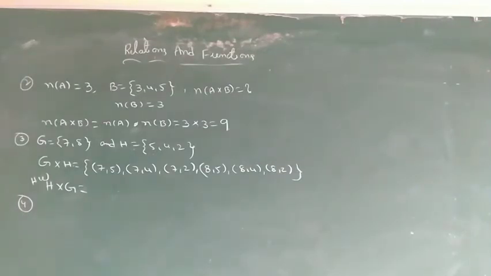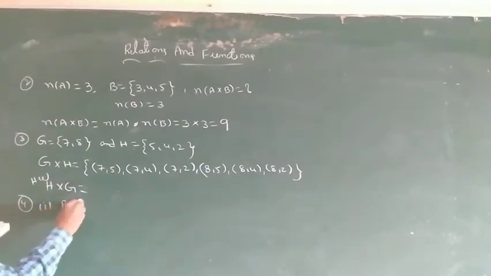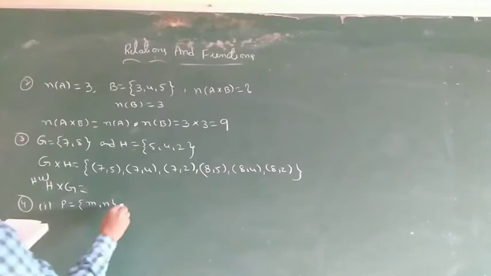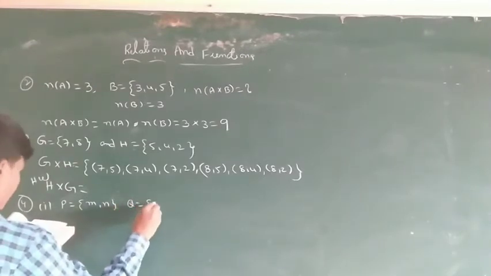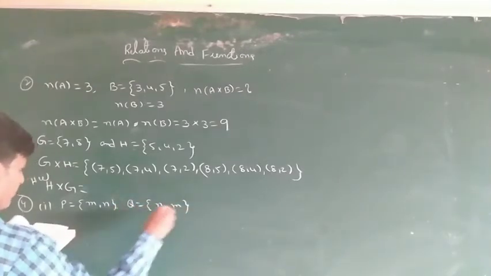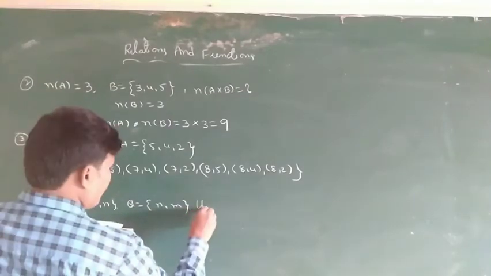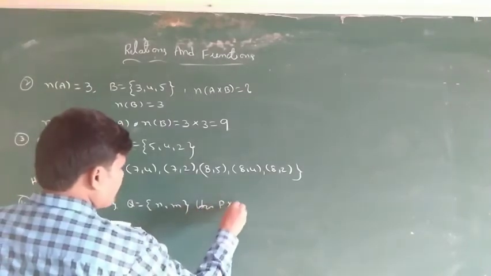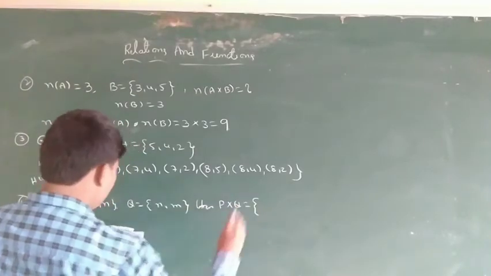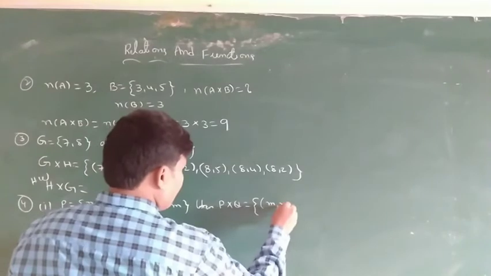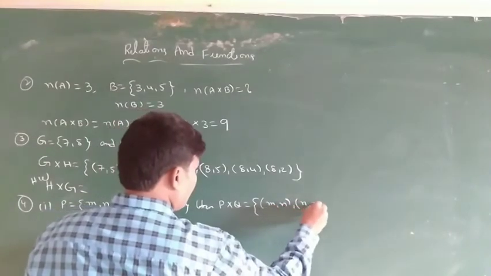What is the first one? P is equal to {M, N}, Q is equal to {N, M}. Then P cross Q is equal to {(M, N), (N, M)}.